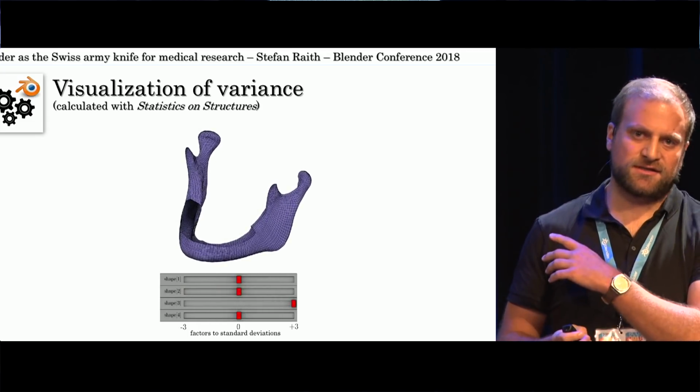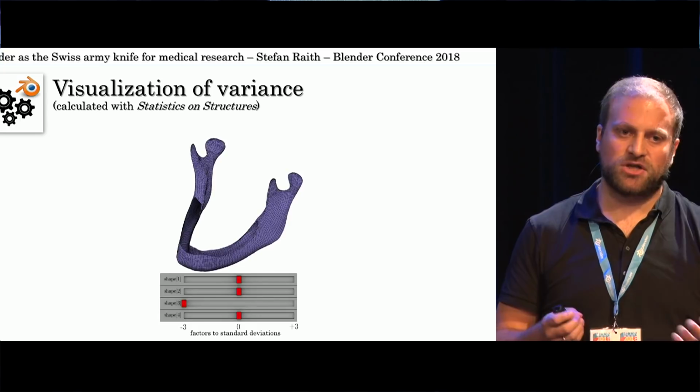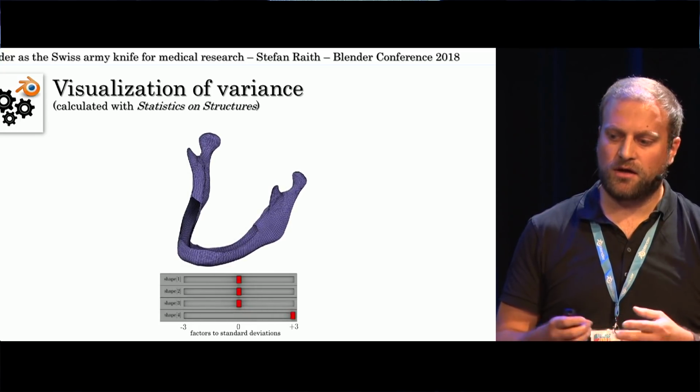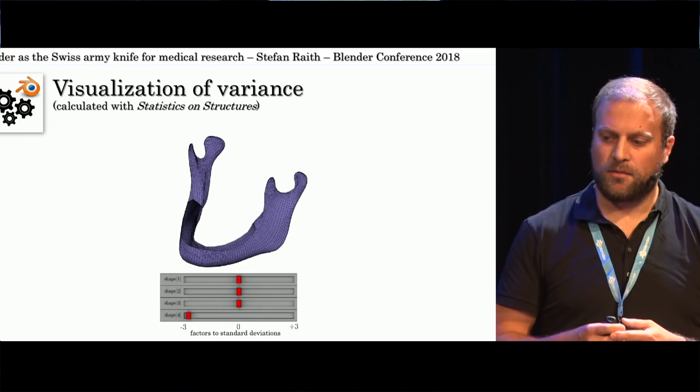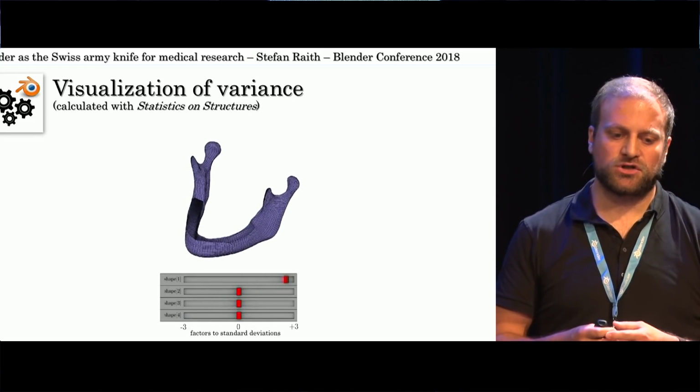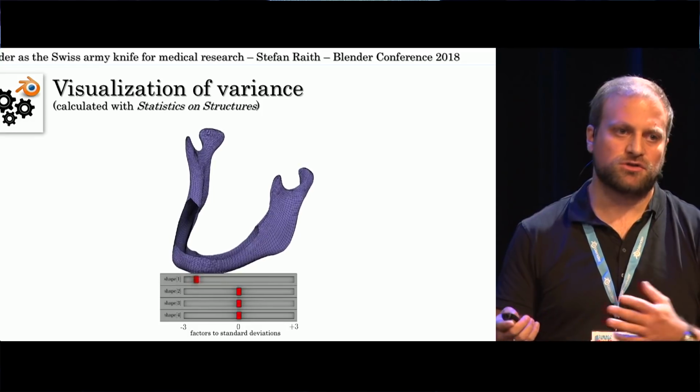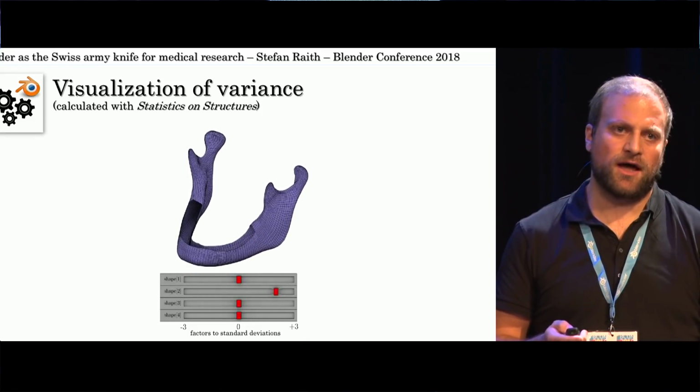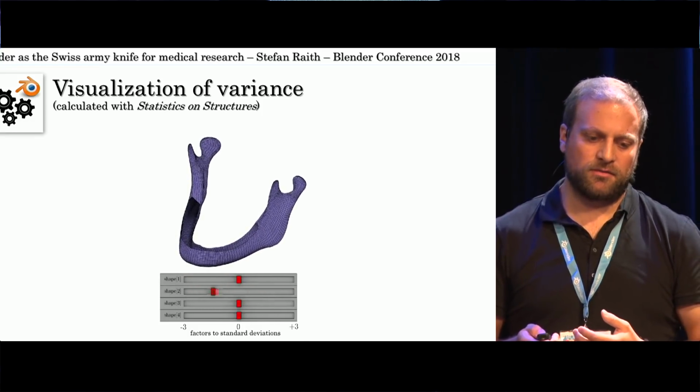You can easily guess that in Blender we use shape keys to animate and to morph this kind of model, and we also can superpose, of course, different shapes to create individual geometries that really rely on the statistical data that we fed in.